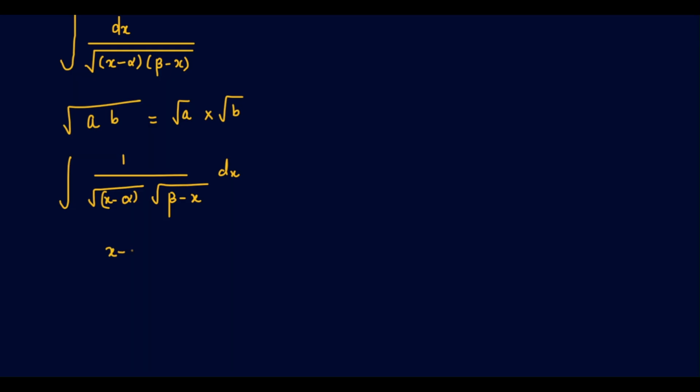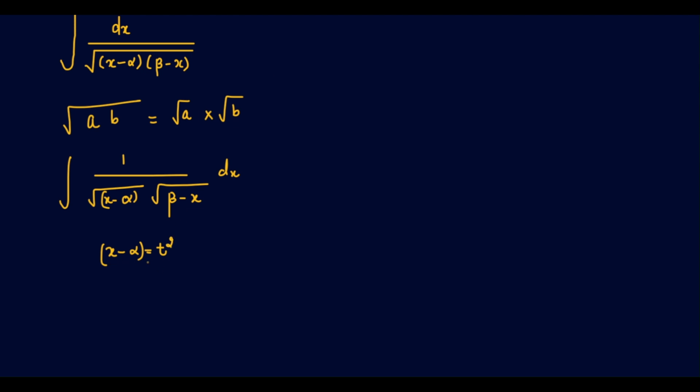Now let's take x minus alpha equal to t, or we can take x minus alpha to the whole square equal to t. That is, x minus alpha is equal to t square. Anything that you can write, you will get the answer.